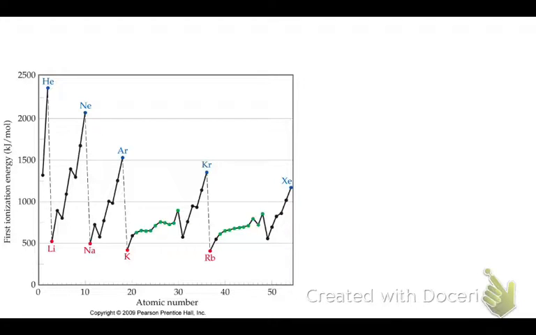Now, there are a couple of exceptions in the chart for first ionization energy. So I want to first bring your attention to the fact that I am looking at first ionization energy, right?